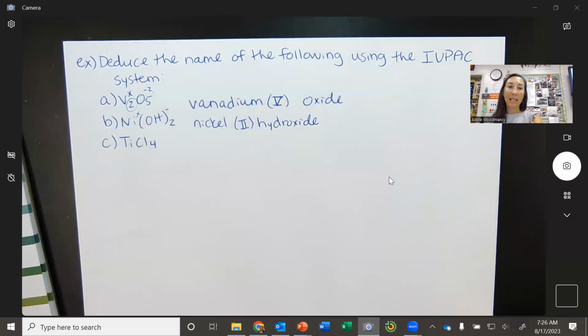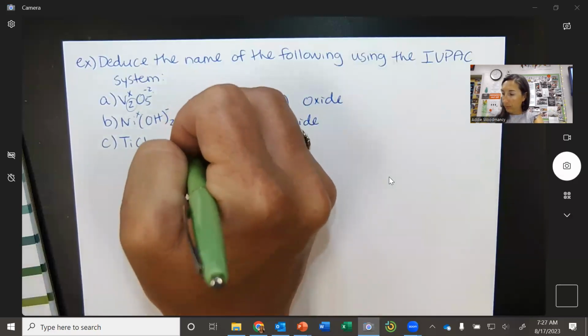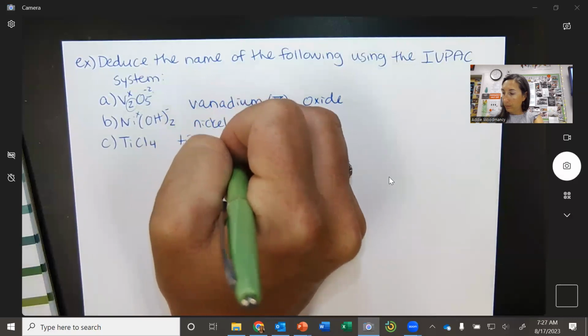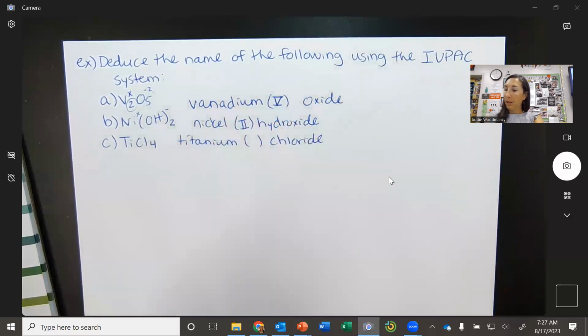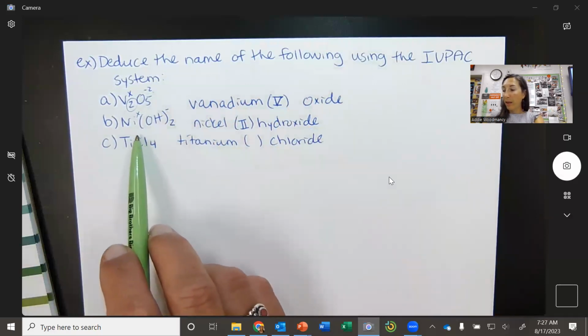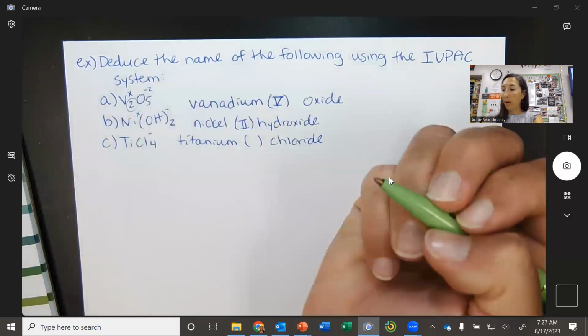So why don't you try C, titanium chloride there, and you can pause the video and come back and check. All right, so to figure it out, we have a neutral compound. Chlorine has an oxidation state of -1.